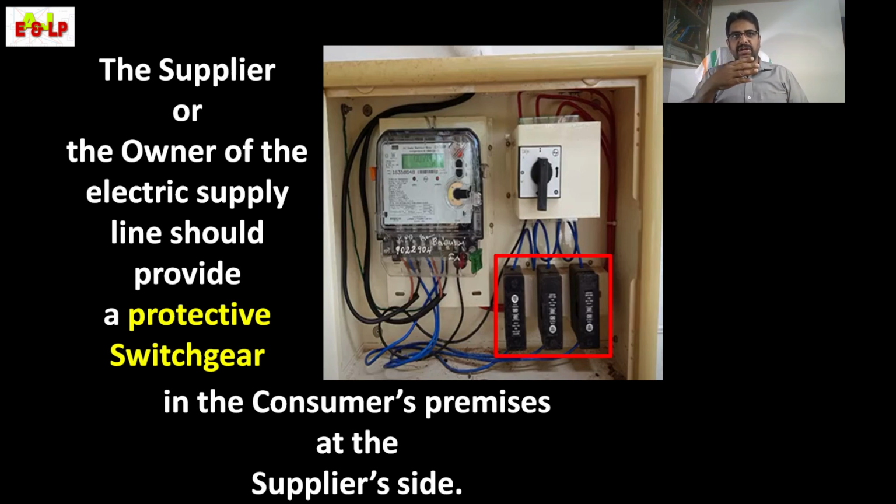So far we've gone through fuse, isolator, switch, and circuit breaker, and I have explained the differences, the purpose of isolation, how isolation can be guaranteed, and what is meant by isolation duty.